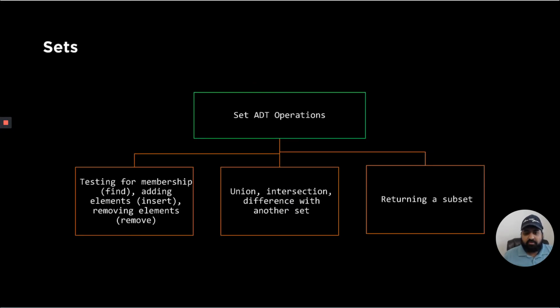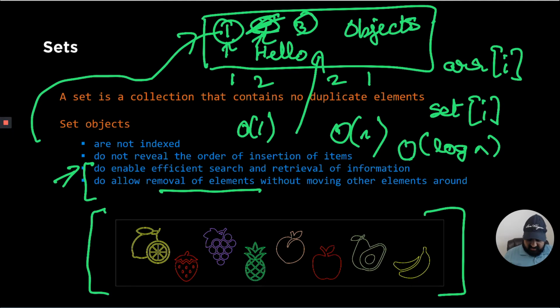So let's talk about the set abstract data type, or the API that is provided by sets in general. In the context of computer science, or even mathematics, the ADT supports the operations which are generally available in mathematics. The first one is testing for membership. Let's say we had this set, can we find an apple in this set or not?